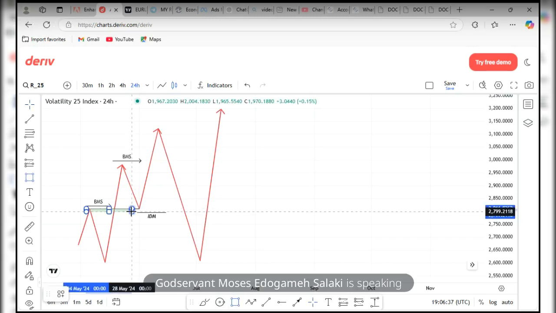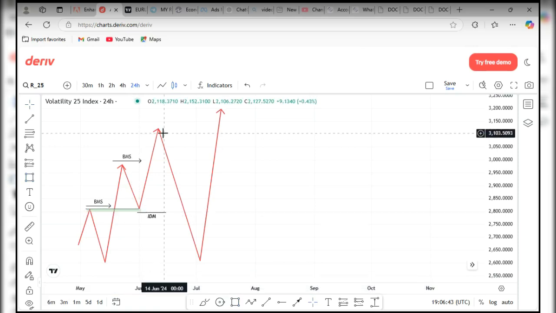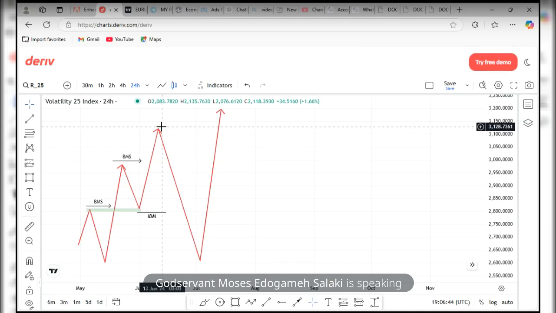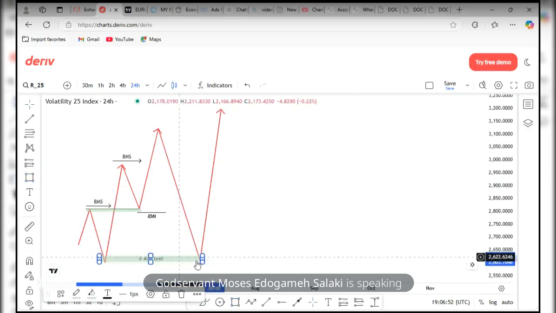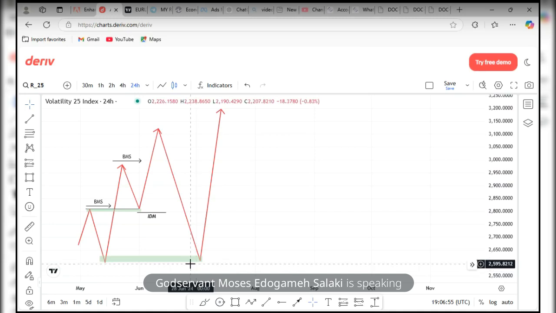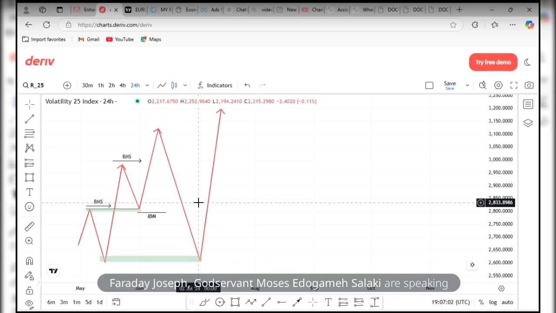So you can catch the first inducement up before you come down to start looking out for whatever you want, whether it's fair value gap, order block, all of that, or maybe a lower time frame break if you choose that. But these days I've not really been playing stuff like this.